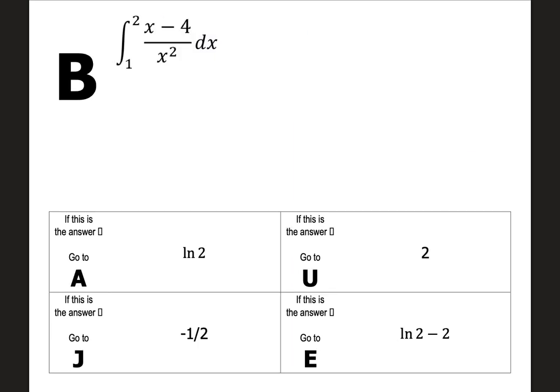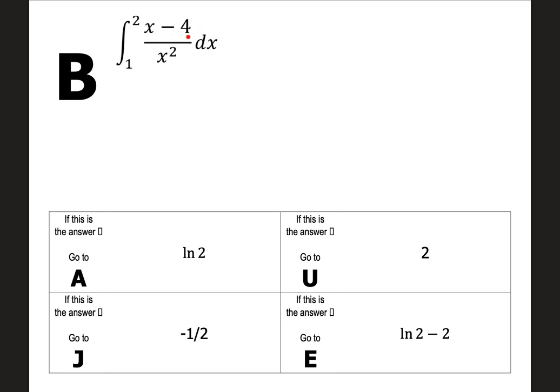A lot of times when you have fractions, you'll make u the bottom. So let's test it. If u was x squared, the derivative of x squared is 2x, and here you have an x, which is good. This is a 2x, and this is an x, so that's good because it differs by a constant.